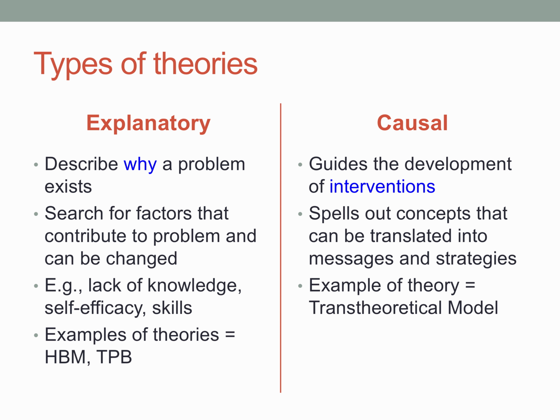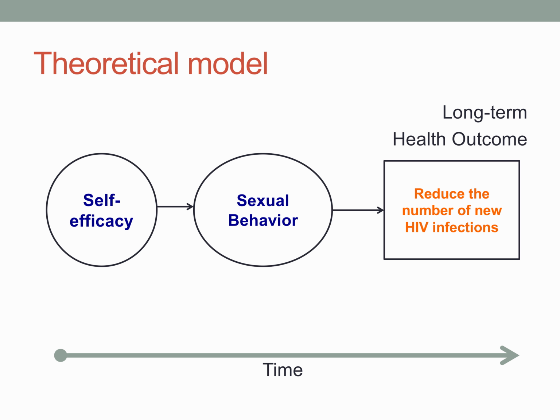And so let's take a look at an example. This is a theoretical model. We're looking at this from time, from left to right, and so we see somebody's self-efficacy, right? The confidence that we have in ourselves to actually do something when we say we're going to do it, and to do it correctly.